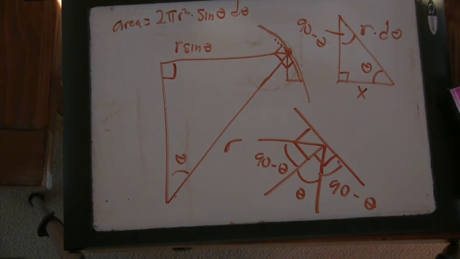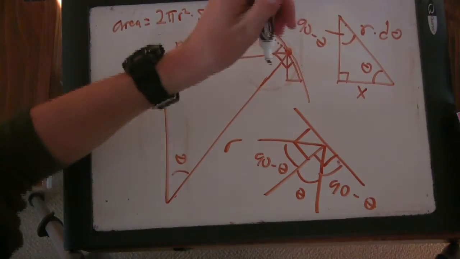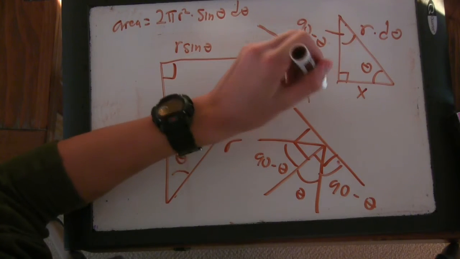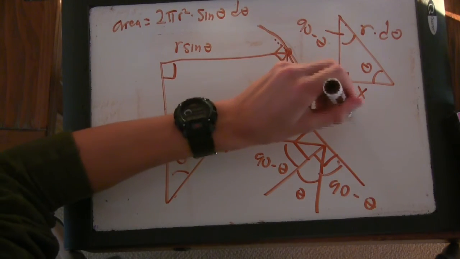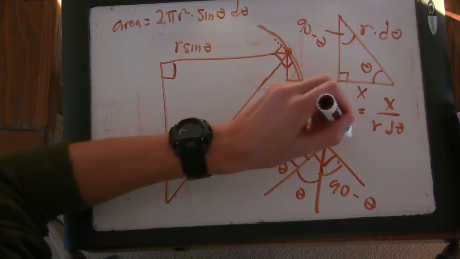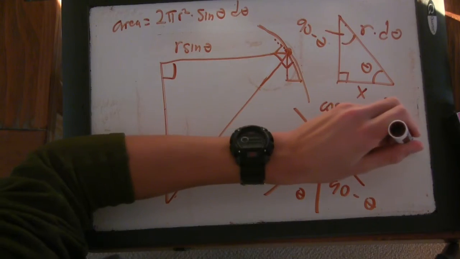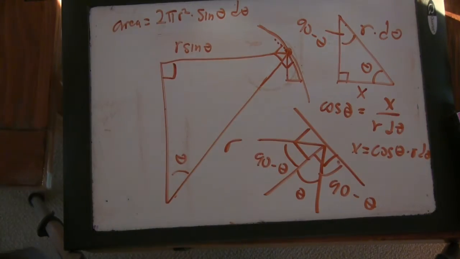All right, nice. So from this, we know that cosine theta is x over r d theta. So we know x is cosine theta times r d theta.